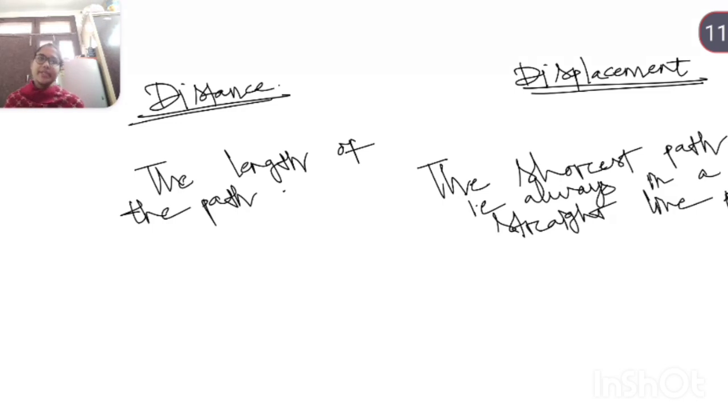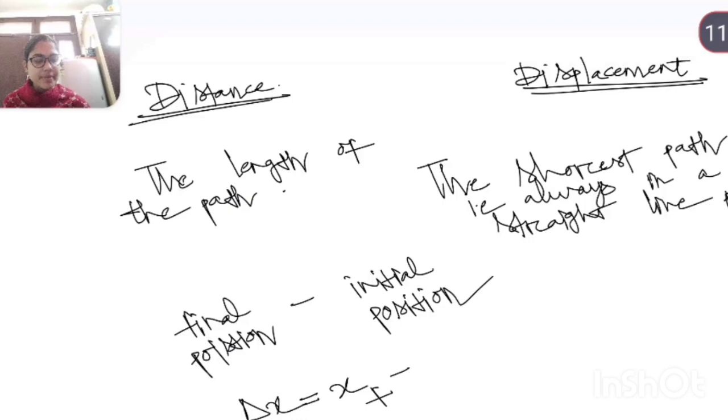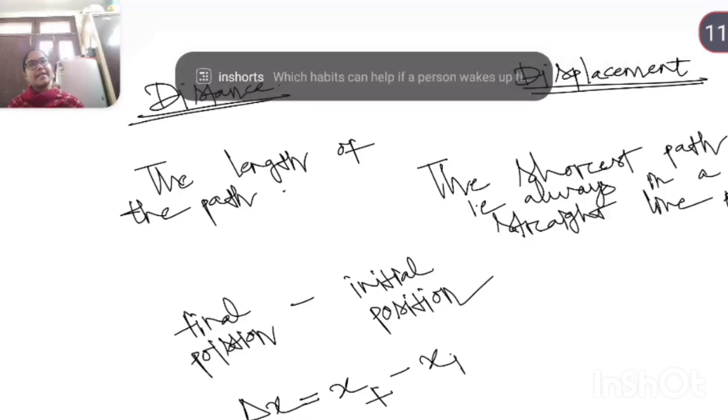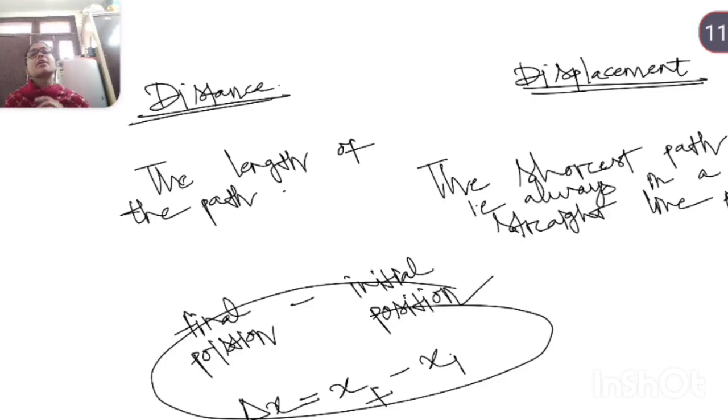Now students, see, displacement is also the final position minus the initial position. Suppose we can write it like this: delta x is equal to xf minus xi. So displacement means the final position minus the initial position, and distance means the length of the path.